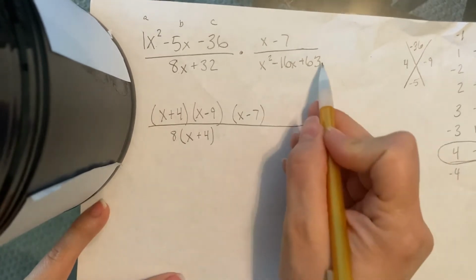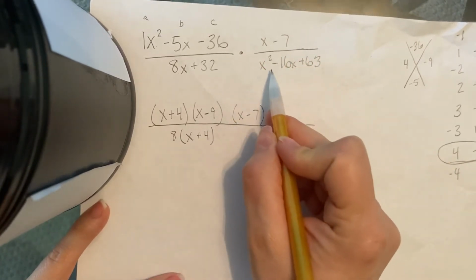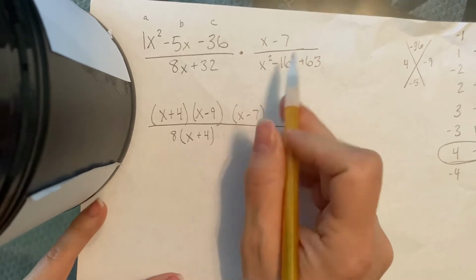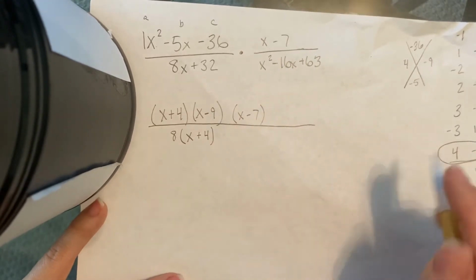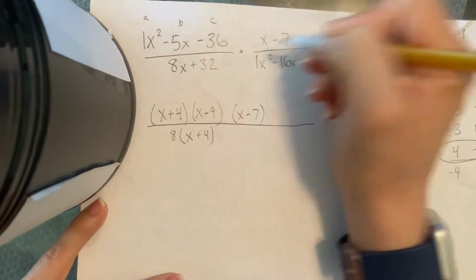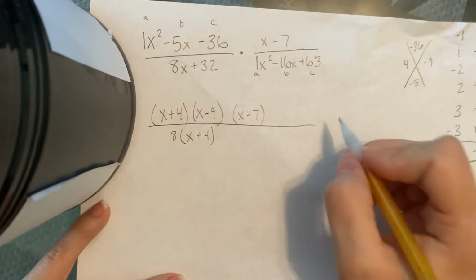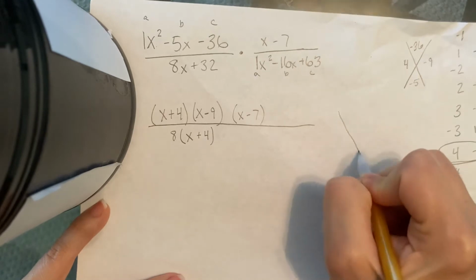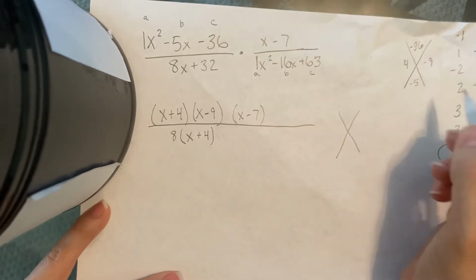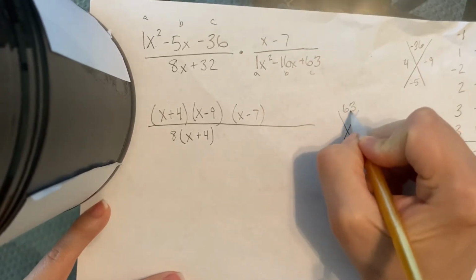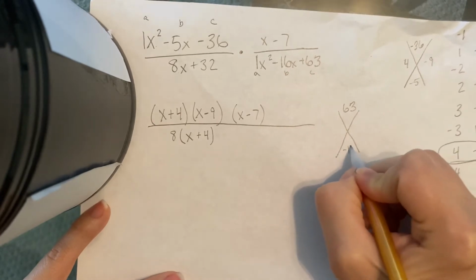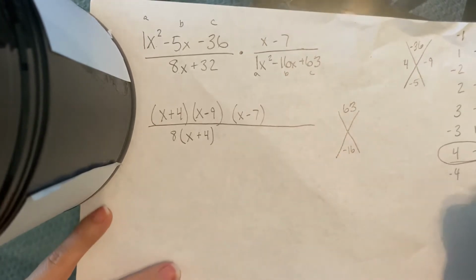Now I'm going to look at the bottom of the second fraction. This has an x squared term, so I'm going to have to factor like I did here. There's no value in front of the x squared, so I know it's a 1, which is good. It makes it the easy type of factoring problem for us. So here's my diamond. I need something that multiplies to 63 and that adds to negative 16.